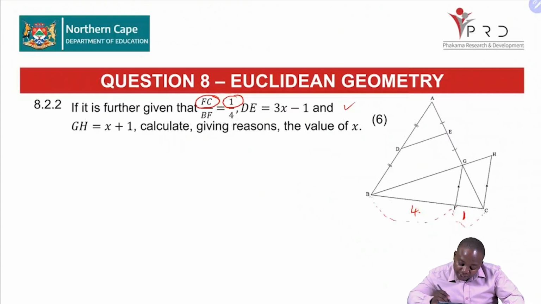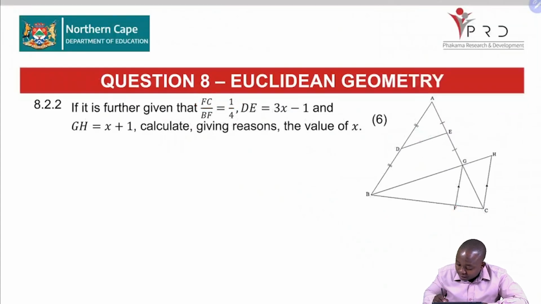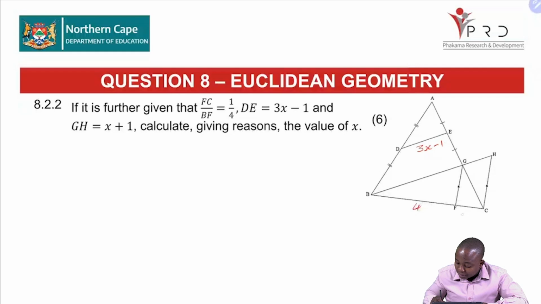And we are told that our DE, it's how much? It is 3x minus 1. Let's just fix that quickly. So this is 3x minus 1. We know that this was 4 and this was 1. So those are the ratios.